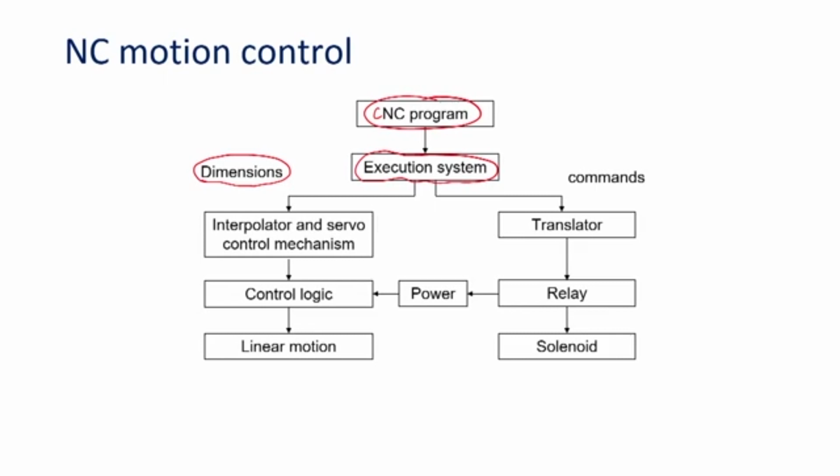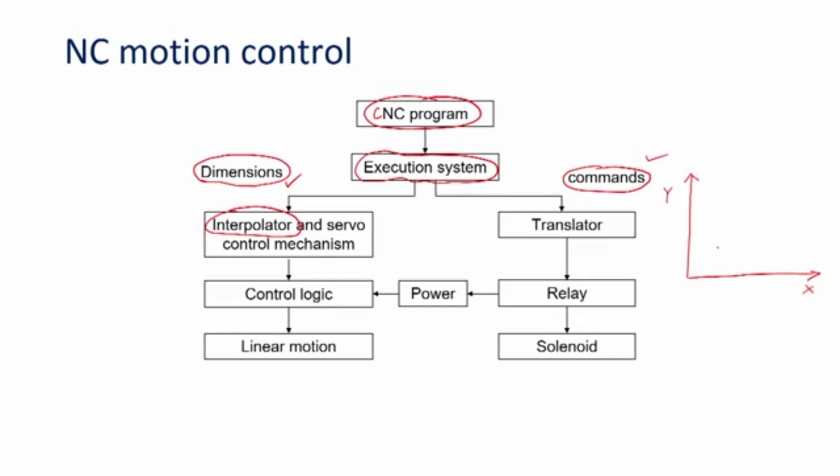So, now let us consider that in a plane XY, we have a point A and there is another point B. Now, we have to give the command, or operate the machine, and we are asking the machine to move from point A to point B. So, we will be giving the information to the machine tool about the initial position, that is A, and the final position B. Now, the CNC machine tools have two motors.